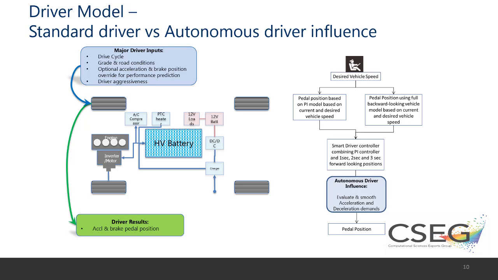It's a combination of a PI controller, a forward-looking smart driver controller, and also sort of a feed-forward looking controller, which looks at the complete backward-looking vehicle model to determine what the pedal position would be. For our study, we actually also inserted an autonomous driver influence into the accelerations, but I will talk about this in a little bit more detail in a few slides.